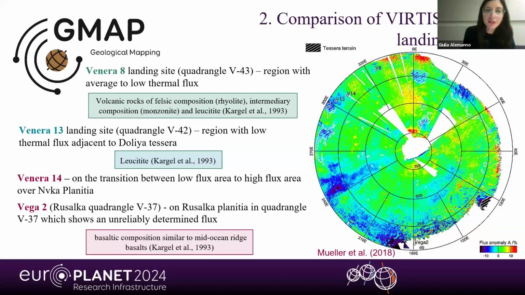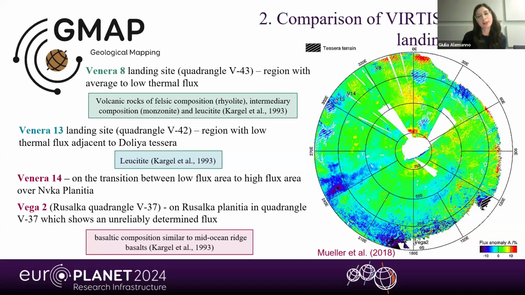So we have the indication of surface composition given by 4 Venus lander missions: Venera 8, Venera 13, Venera 14, and Vega 2. These 4 missions landed in the southern hemisphere of Venus that has been observed by the VIRTIS instrument in the near-infrared spectral range.